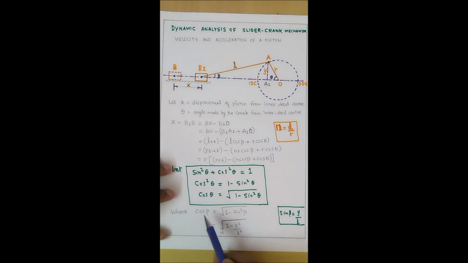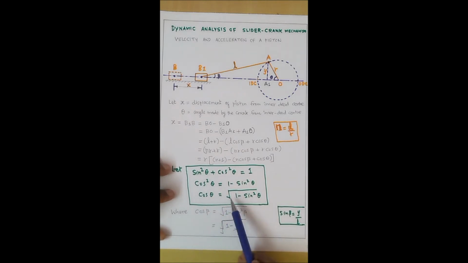Now cos beta is equal to root of 1 minus sin squared beta. From the general formula, the standard result is sin squared theta plus cos squared theta is equal to 1. So cos squared theta is equal to 1 minus sin squared theta.